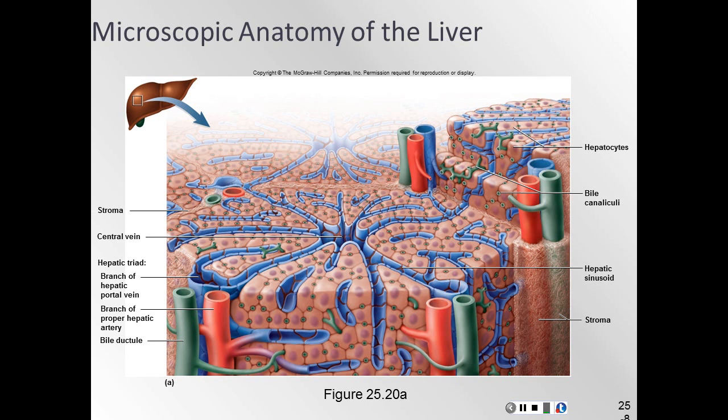Between meals, they also break down stored glycogen. Now, the sinusoids also contain hepatic macrophages, also called Kupffer cells, and they are going to remove any bacteria or debris that's left inside there.